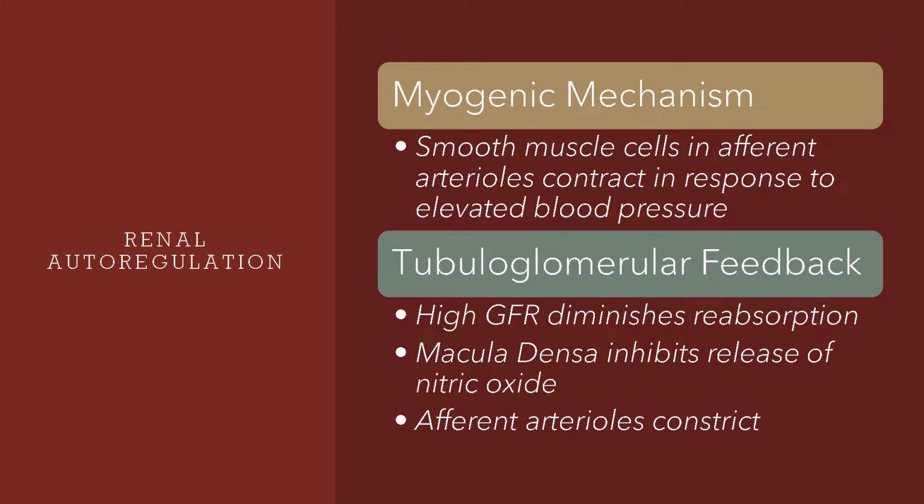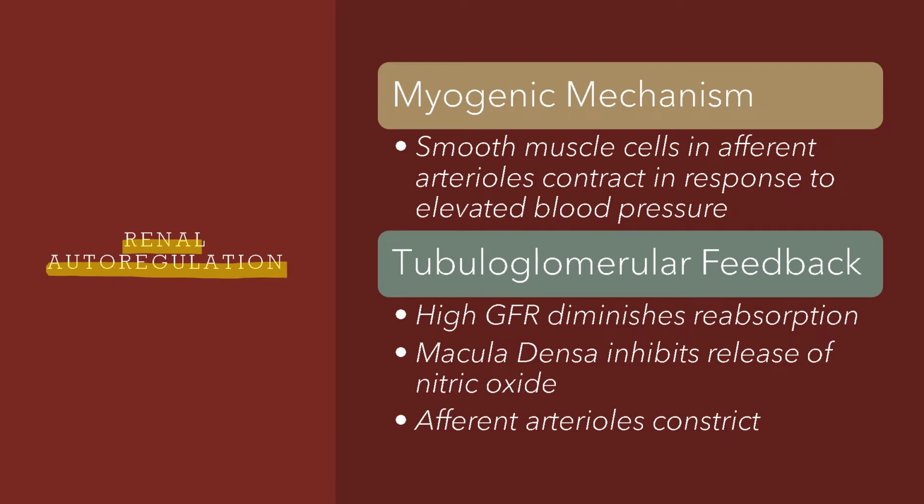So let's go over those three mechanisms that control GFR in a little bit more detail. So first off, we have the renal autoregulation. So the kidneys themselves, like I said, help to maintain a constant renal blood flow and GFR, despite these normal everyday changes in blood pressure like we have during exercise.